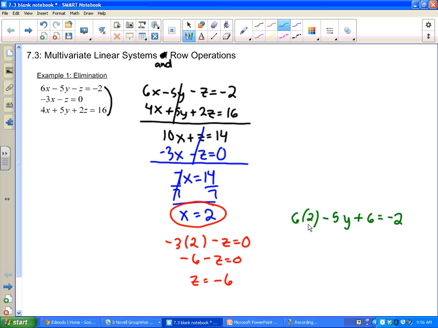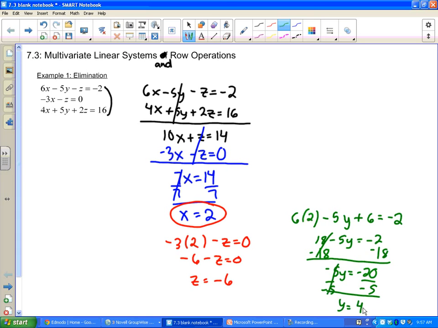So I need to do 6 times 2, which is 12, plus 6 is 18. Then subtract 18. So negative 5y equals negative 20, divide by negative 5. And I get y equals 4.